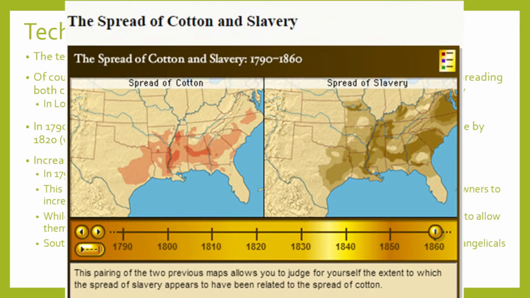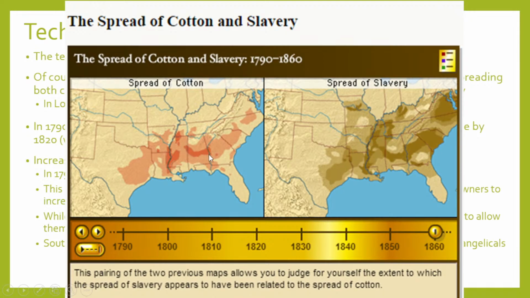And I do have this map, which, for some reason, I've been able to remember. There was a four-map version of this, and it was quite interesting. It shows this whole region, and where there were areas with the spread of cotton, obviously increased slave spread.